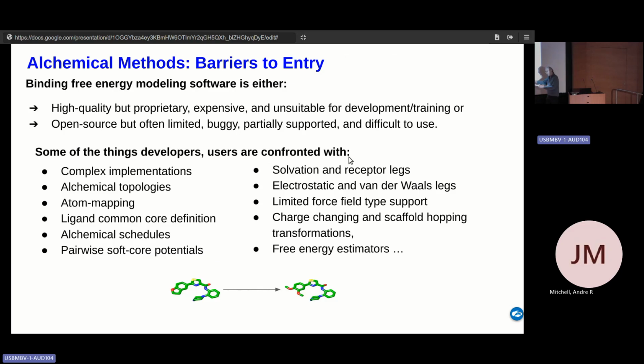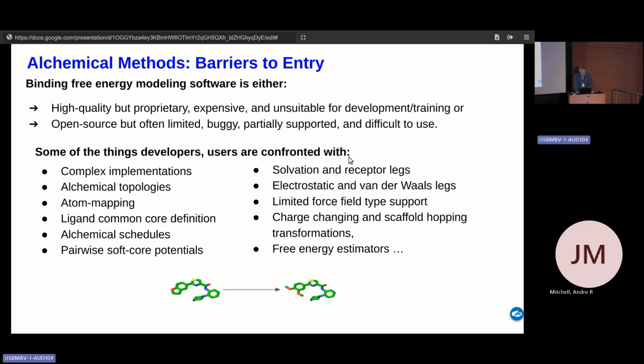There are solvation and receptor legs. Some methods have van der Waals and electrostatic legs. It's a lot of stuff. Usually, alchemical modules in MD codes only support fixed charge force fields. So you have to learn about what's supported, what's not supported. And some transformations are difficult to do. There are different estimators. So there is a lot of baggage.